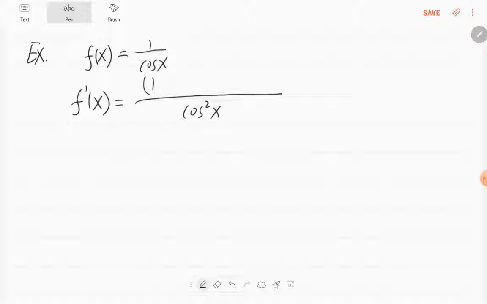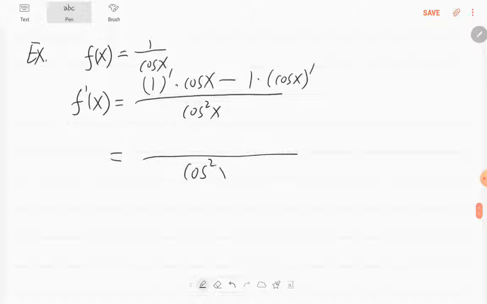The numerator is the derivative of the top function times cosine x, minus 1 times the derivative of the bottom function. The derivative of 1 is 0, and 0 times cosine equals 0. 0 minus 1 times the derivative of cosine, which is negative sine. Then you will have sine x over cosine square.